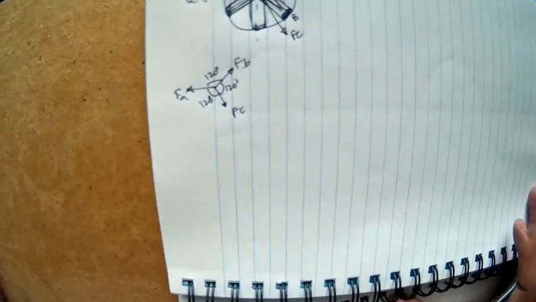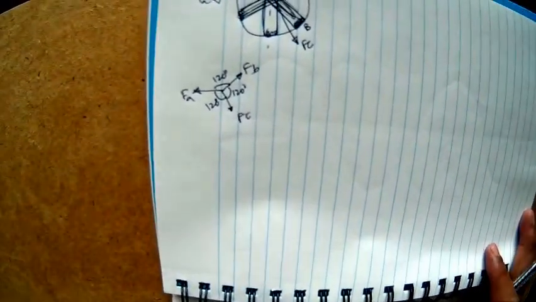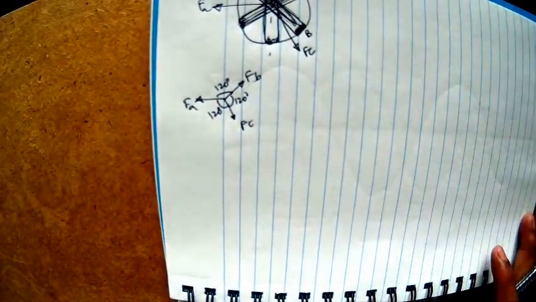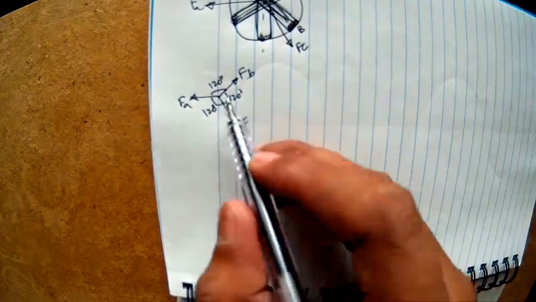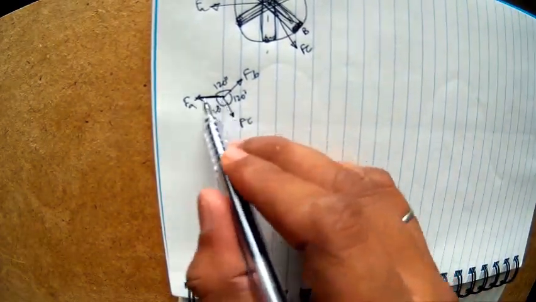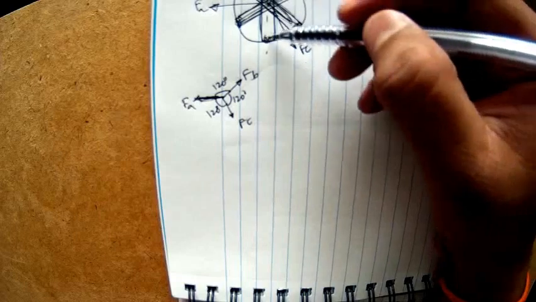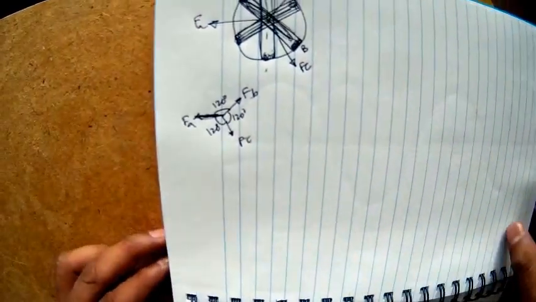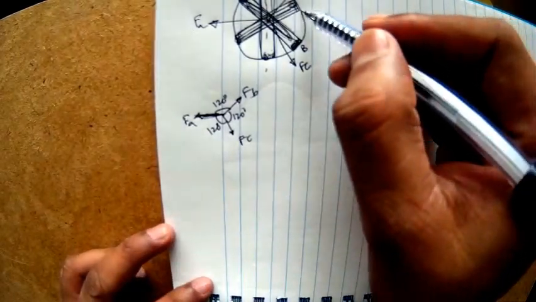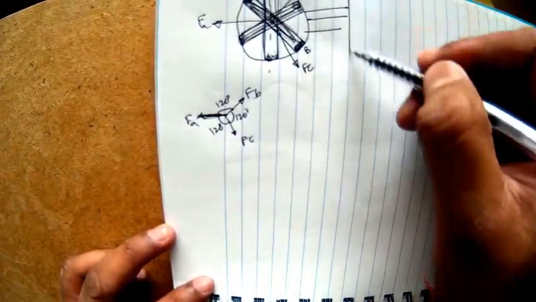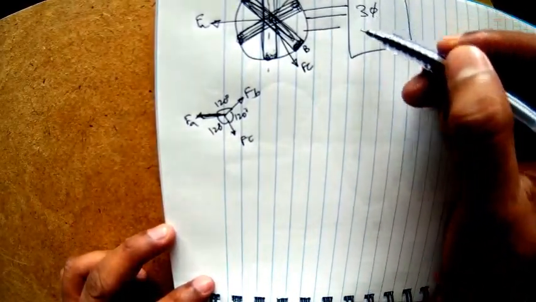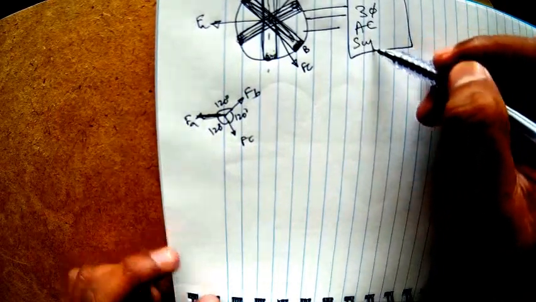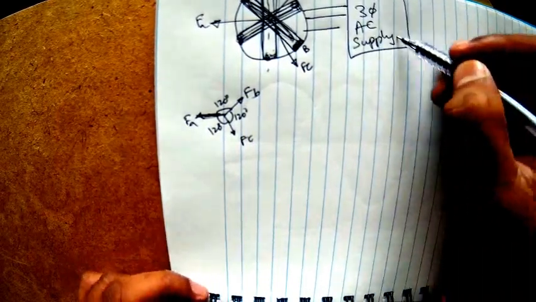Now what is shown in this is only the direction of the flux. Now the magnitude of the flux depends on the currents flowing in this A phase winding, B phase winding, and C phase winding. So what we do is, we take a three-phase AC supply of some frequency.